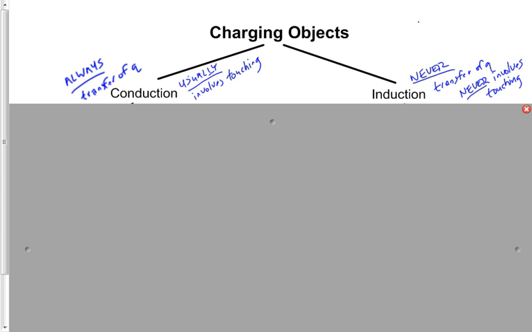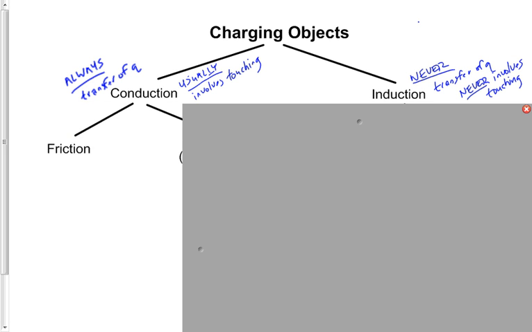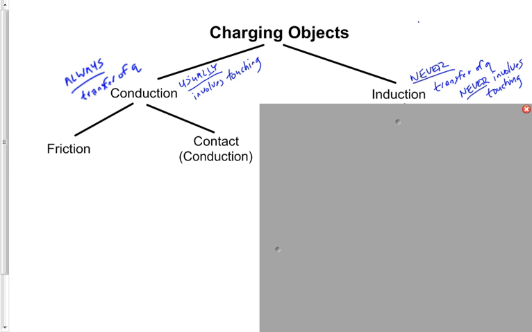Okay, we're going to break these down now into a couple subcategories. Charging by conduction can be broken out into charging by friction and then charging by contact, which sometimes we don't even give a separate name. We just call it charging by conduction. They're both conduction, but sometimes contact, we just call it conduction instead of contact.